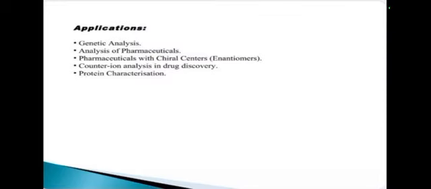Other applications: genetic analysis, analysis of pharmaceuticals with chiral centers, enantiomer analysis, use in drug discovery, and protein characterization. It is also used for the isolation of lipoprotein in serum and enzyme in blood.